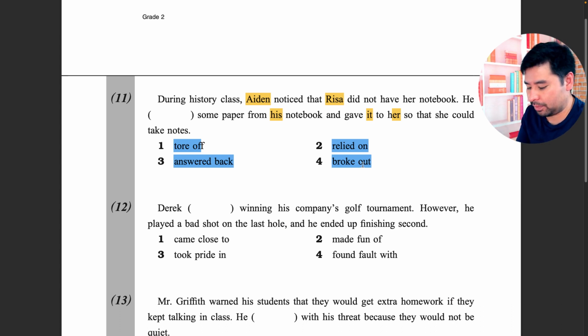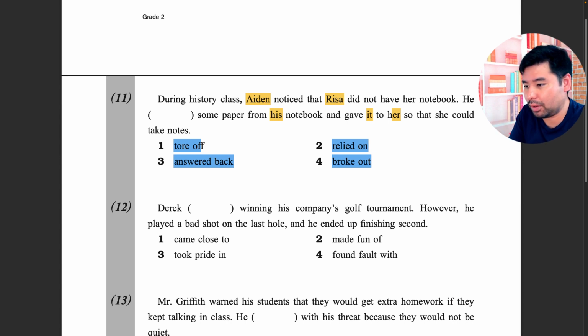Okay, so I'm gonna read here for you a little definition of these two words, tore off and broke out, because I think they are the most difficult ones, and then the rest you can check by yourself. Okay, number one, tore off. This is a phrasal verb. This is something that you have to have in mind, and it means to rip or remove something forcefully, using force, or quickly.